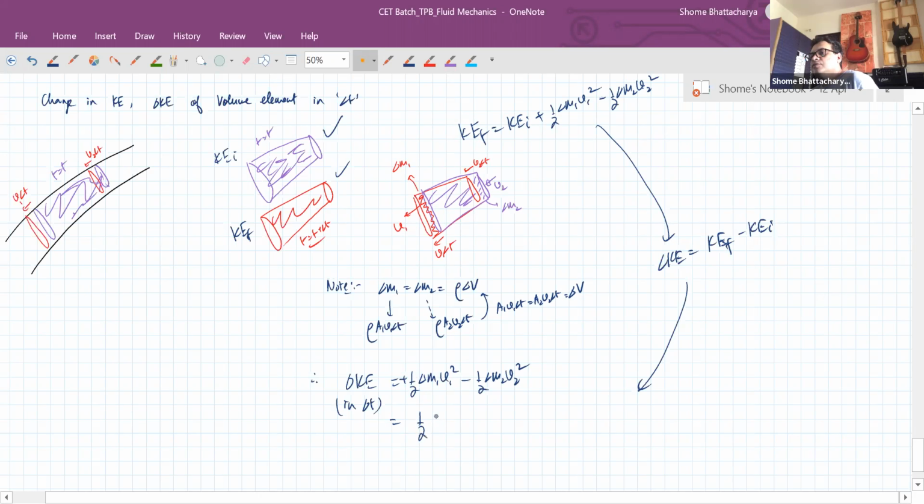So this will become half into rho into delta V. So this factor becomes common into v1 square minus v2 square. So this becomes the change in kinetic energy in time delta t for this section.